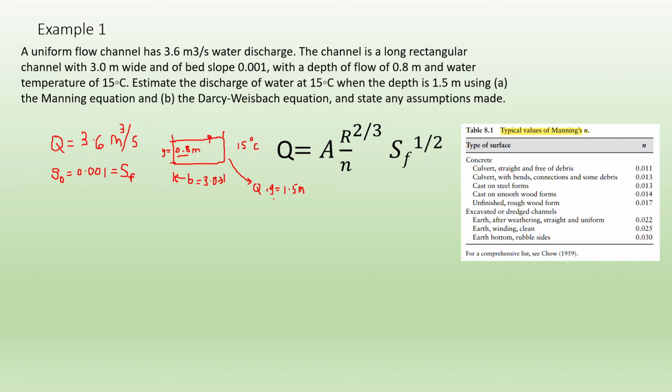So let's look at the Manning equation. This is V, and to find Q, it equals A times V. In this question, SF is known, we can find R, and of course then we can find A, but what we do not know is N. N is related to the roughness or the friction, to the material of the channel.